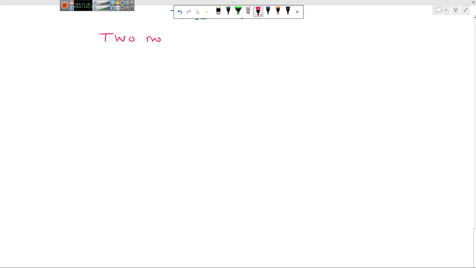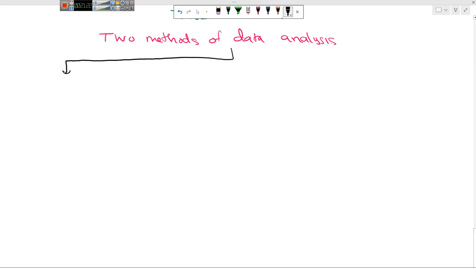What are the methods that we have for data analysis? Ask this question to yourself, and you will get the answer: the parametric method and the non-parametric method.